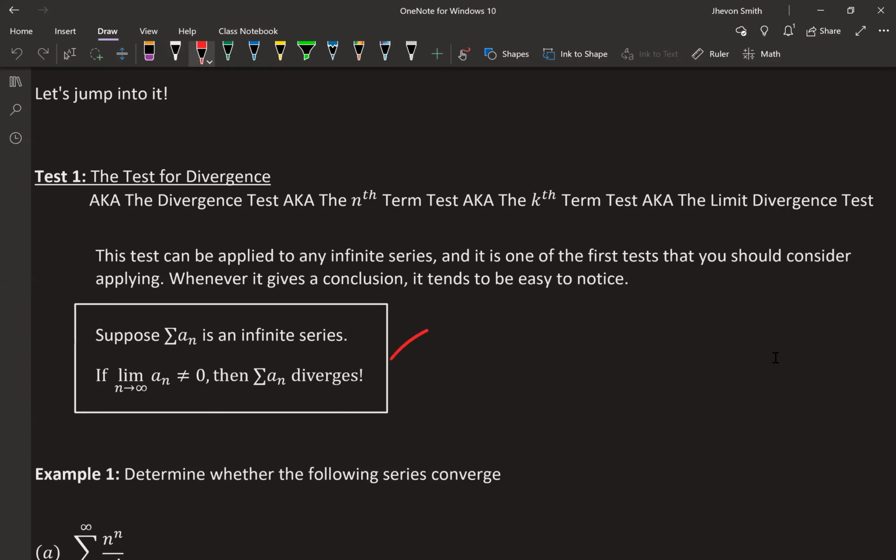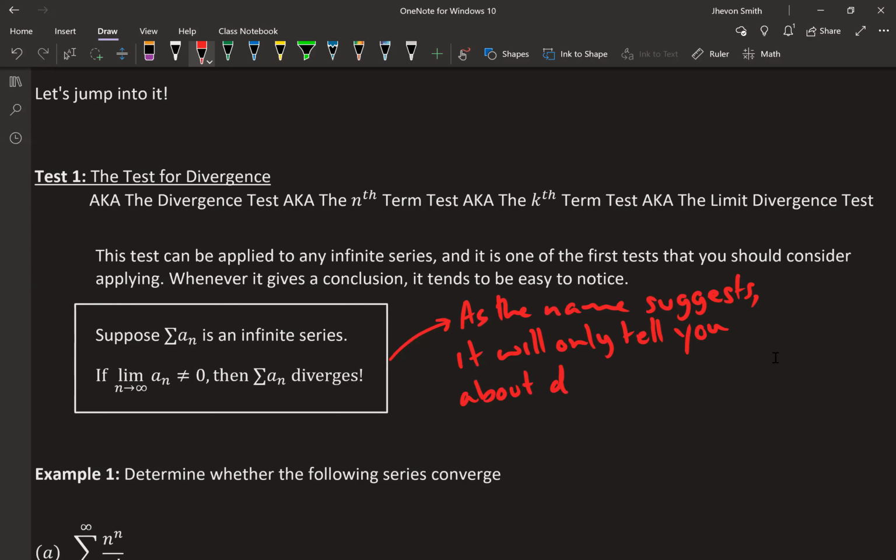I don't remember if I typed that in the notes, so let me make it clear here: as the name suggests, it will only tell you about divergence. Okay, so you can't use the test for divergence to tell me a series converges, right?